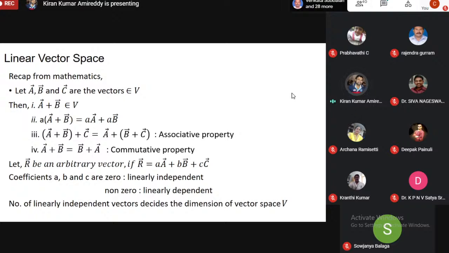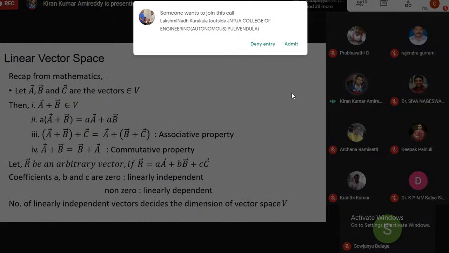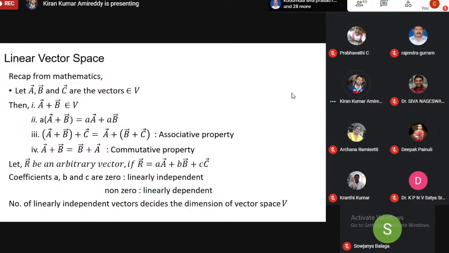If we add two vectors, then the resultant vector also belongs to the same space as the fundamental or parent vectors, which belong to the vector space capital V. Associative and commutative properties also hold good.